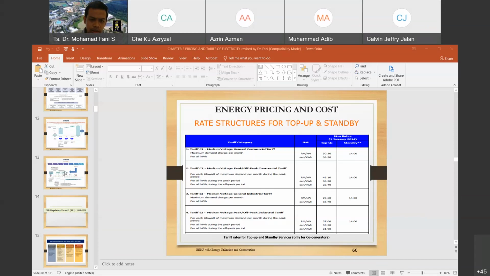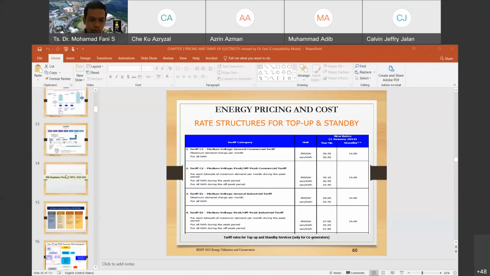So there was no rebate for the ICPT, and now a surcharge applies for commercial and industrial consumers. Domestic consumers, except those, still enjoy the rebate of about 2 cents per kilowatt hour.